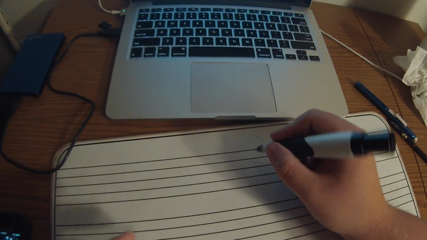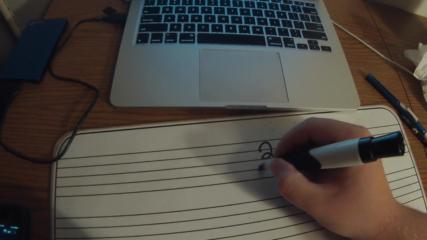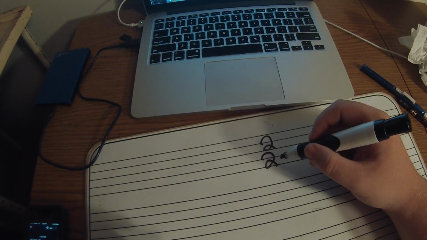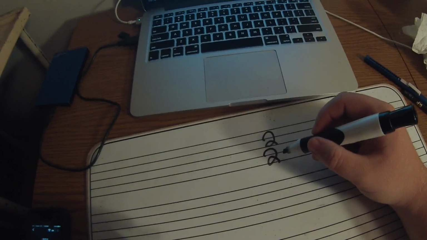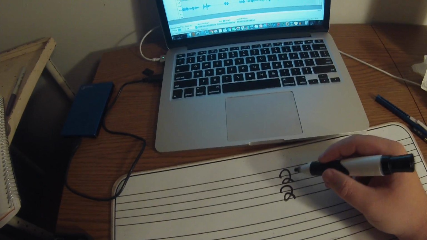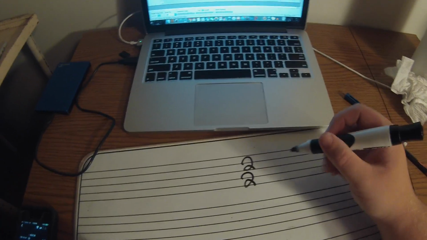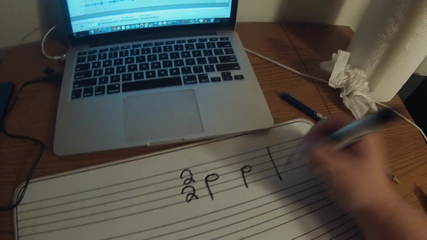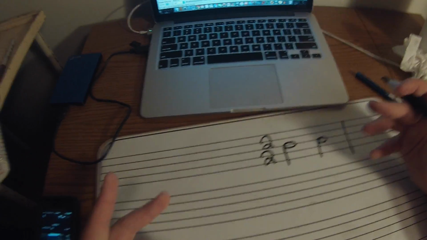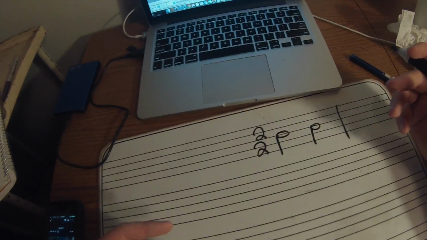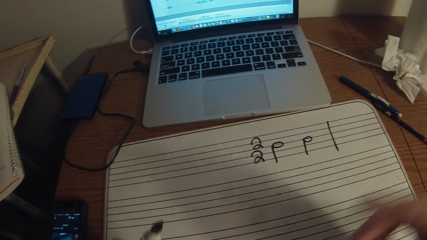We can also have things such as 2/2, which means that the division of the beat is a half note. So we know that the beat is a half note, and the second number is 2, which means that there's 2 per measure. So there's 2 half notes per measure, which can then be divided into 4 quarter notes or 1 whole note, and so on and so forth. It's really just changing the beat.